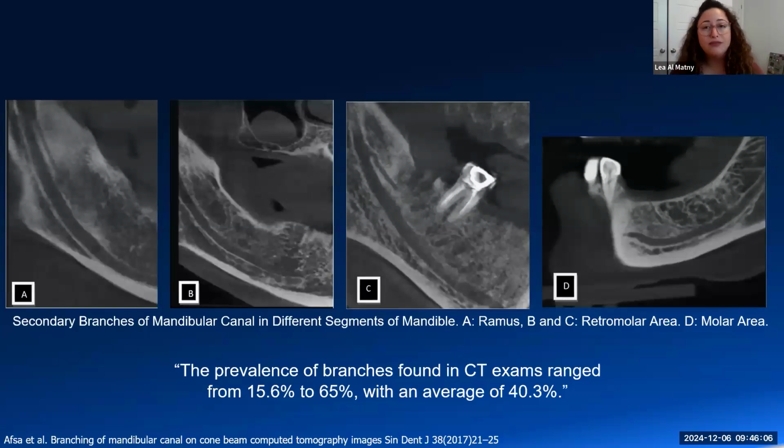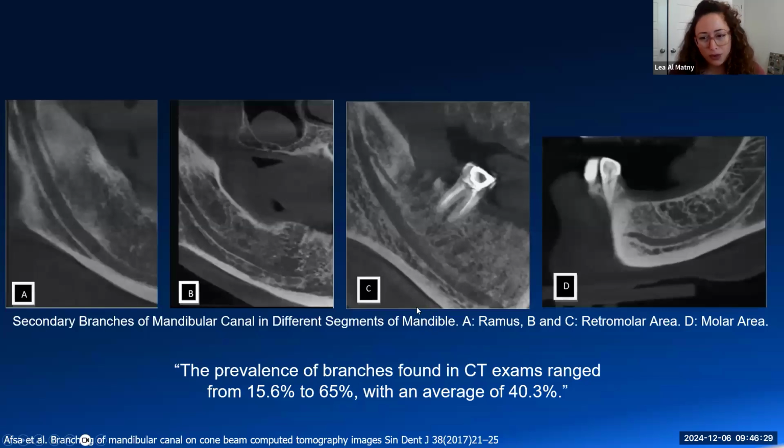Whereas others will count any secondary branch that they see, regardless of diameter, regardless of the patient, regardless of whether they have teeth or not. So that's the only reason that I was able to see for that variation in frequency.